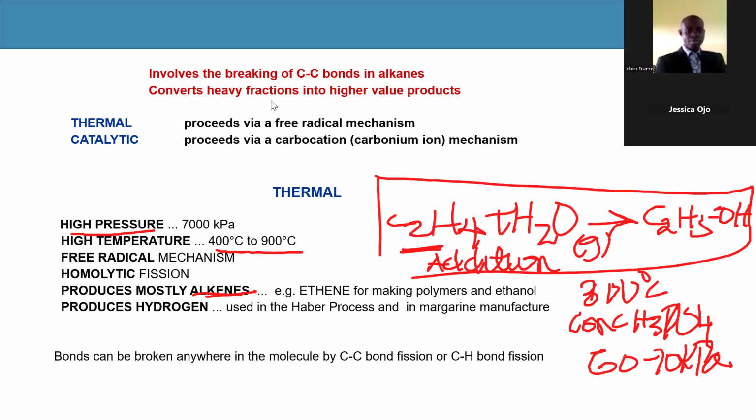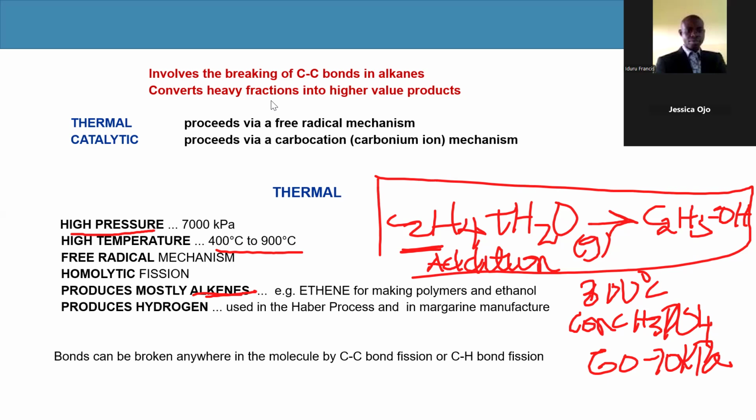It's used to prepare ethanol in the industry. So the alkene produced combined with steam at 150 to 300 degrees Celsius, concentrated phosphoric acid, 60 to 70 kilopascal, you have alcohol produced. Of course, that is that, and it's an irreversible process.